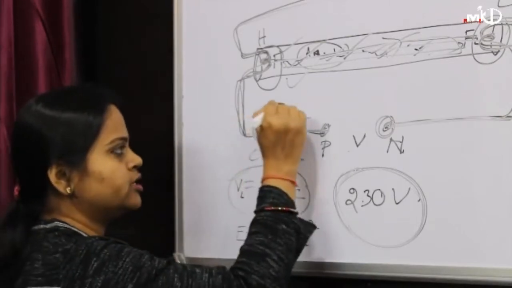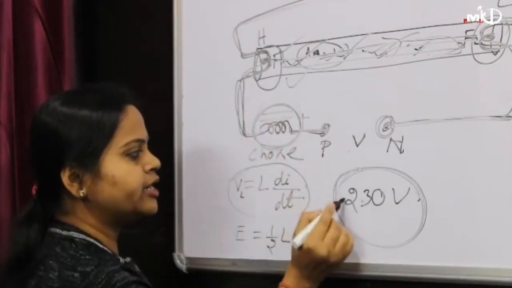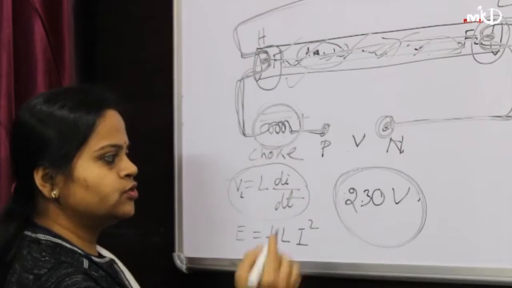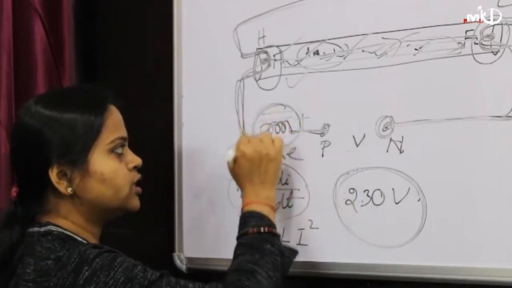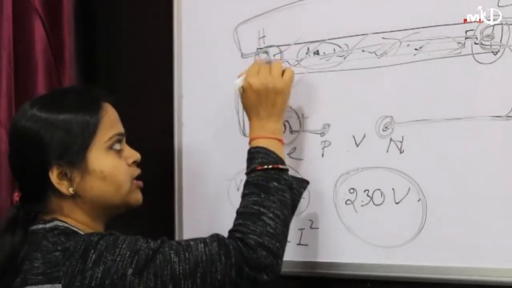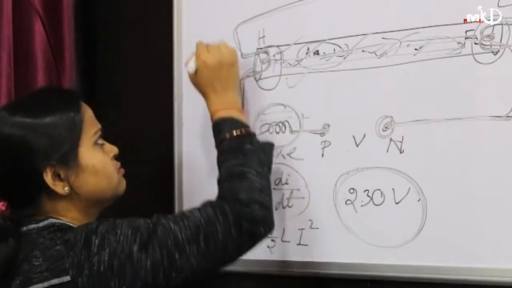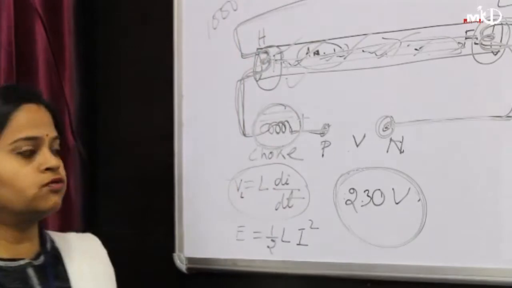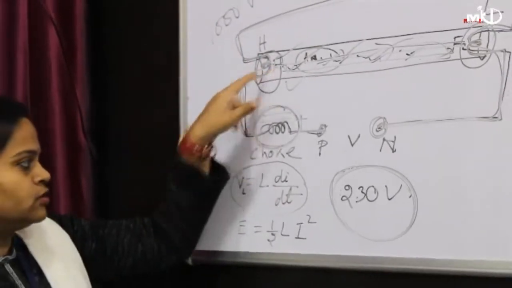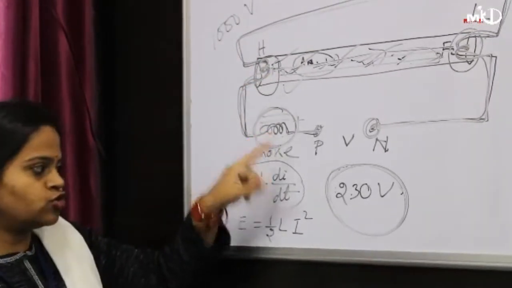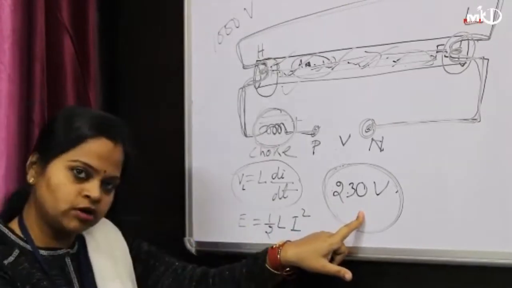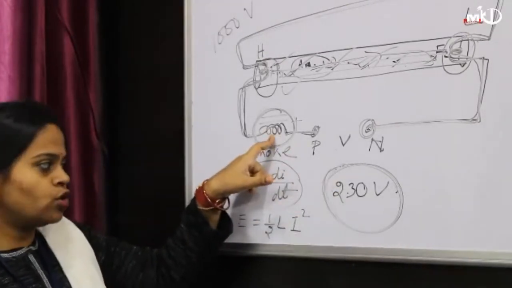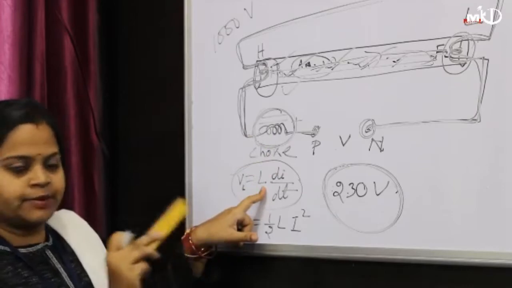The voltage across the choke will be additive with the supply voltage. So the voltage at filament 1 may be up to 1000 volt. Without the choke, it is simply 230 volt. When we use a choke, the voltage includes L di by dt.